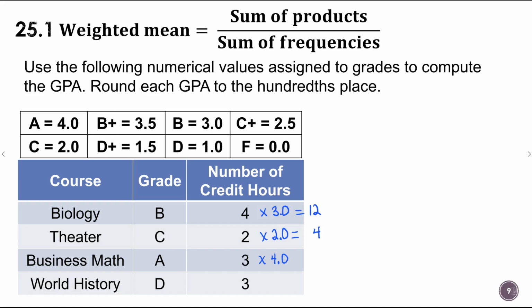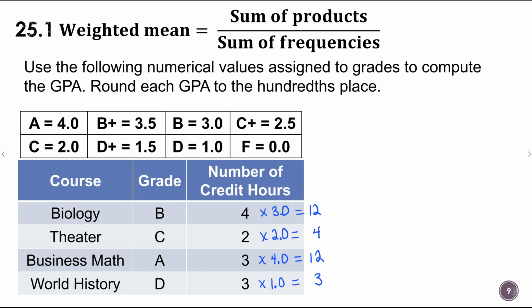So for a 3-credit hour class where you made an A, you get 12 points. And on the last one, a D, D's are not so good. We're multiplying that by just 1, so we only get 1 point per credit hour for that. So we end up with 3.